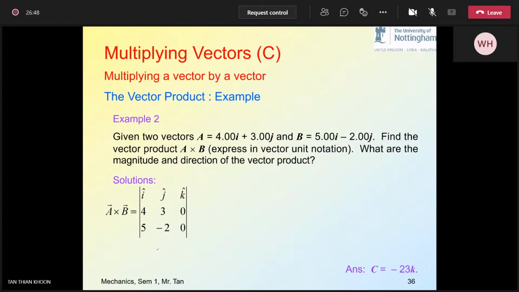Okay, we use the matrix method. So we have I, J, K. The matrix method here is very direct. If we take I, you can see that the minor contains 0, so I is 0.